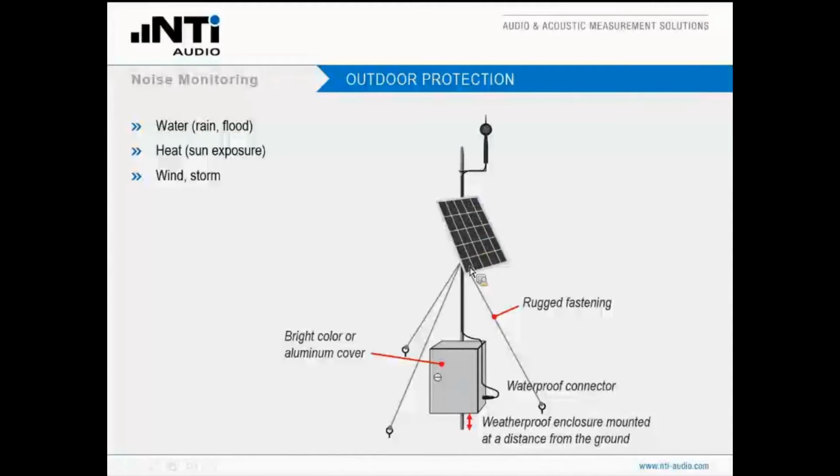So especially when you have a solar panel mounted to a pole, you have to make sure that in case of strong wind, the whole thing doesn't go down. So you have to fix it. You have to fasten it in a rugged way. Could be with these wires, could be with other solutions, but you really have to take care that this pole is strong enough to withstand the wind.